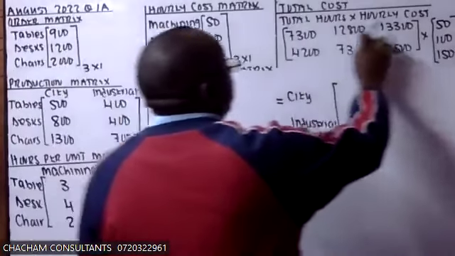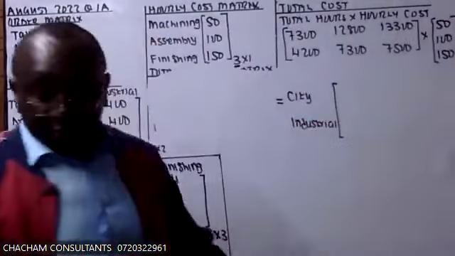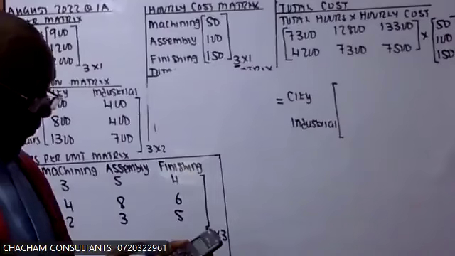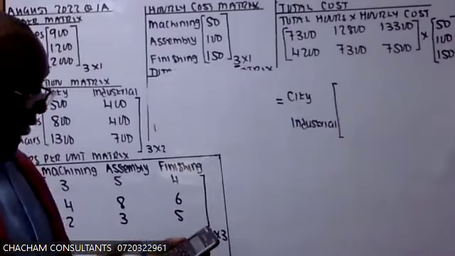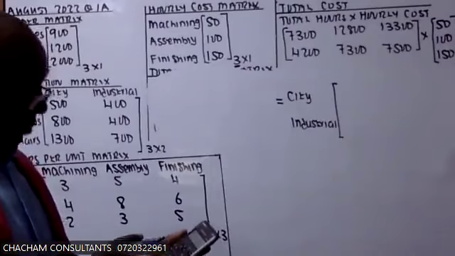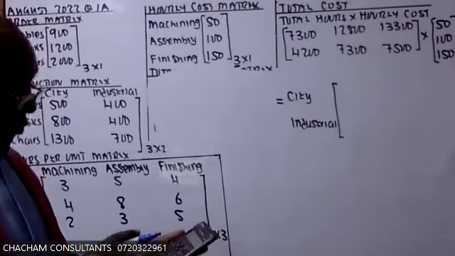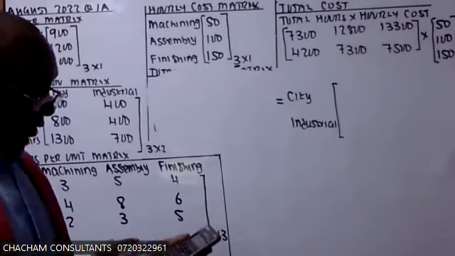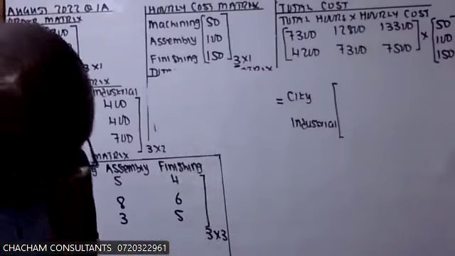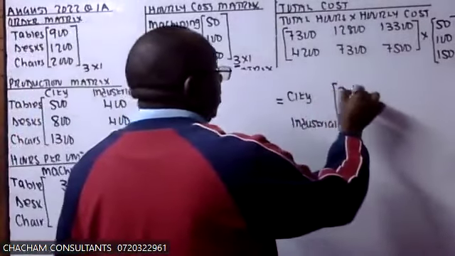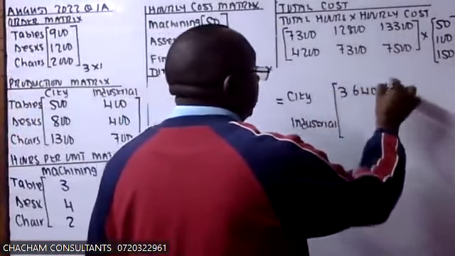So we multiply like this. So let us say 7,300 times 50 plus 12,800 times 100 plus 13,300 times 150. That is 3,640,000.